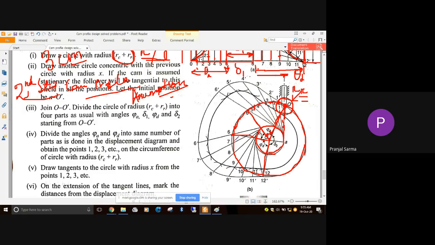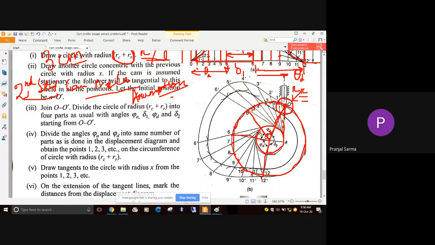Using your protractor, you just mark the points. Mark them and name the points. Six divisions. Next, as we know that if we draw the tangent through these points, then at all those locations it will be offset by that much amount only.